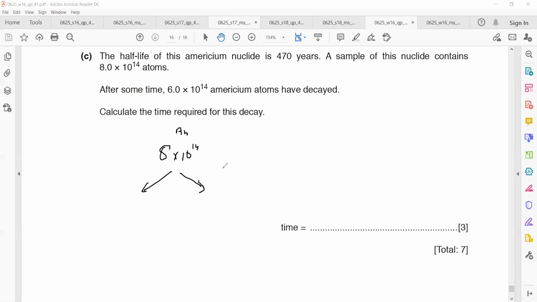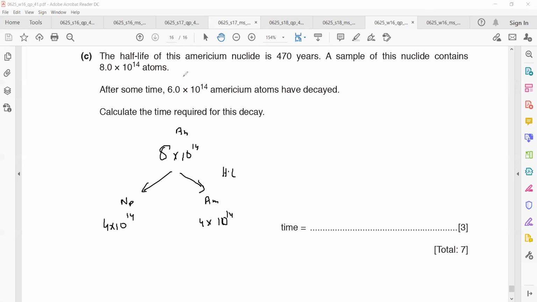So after the first half-life, how many neptunium and how many americium atoms will be there? What is half of 8 exponent 14? That will be 4 exponent 14. So after one half-life, 4 exponent 14 will be neptunium and 4 exponent 14 will be americium.